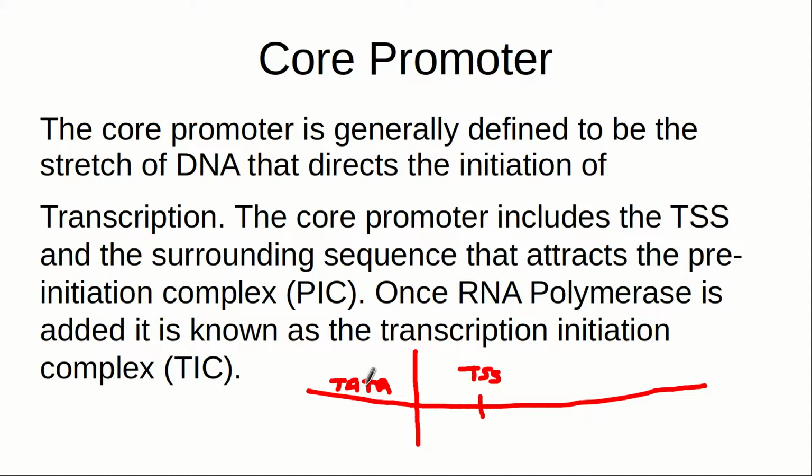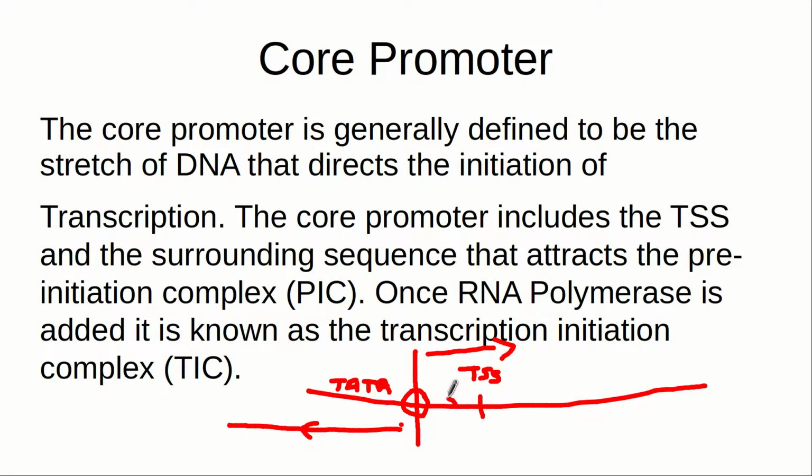The TATA is a backstop to make sure you don't go this way on this strand. In other words, you could be on the other strand, and when RNA polymerase binds, it could go that way, but the TATA is here, so it makes sure that it goes this way. So this is your core promoter. It typically does include the TATA, and it goes all the way up to the transcription start site.